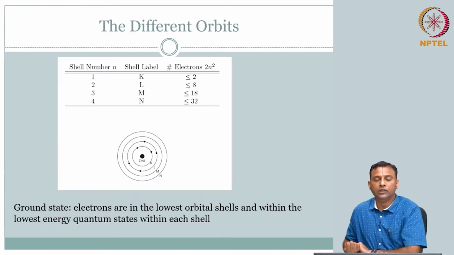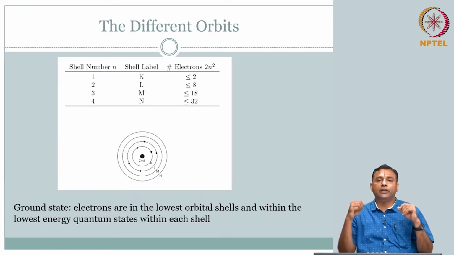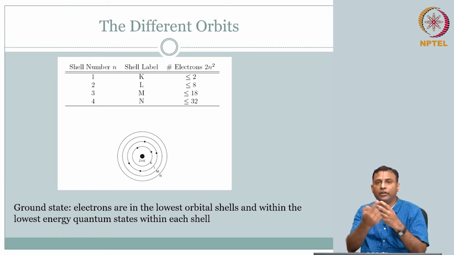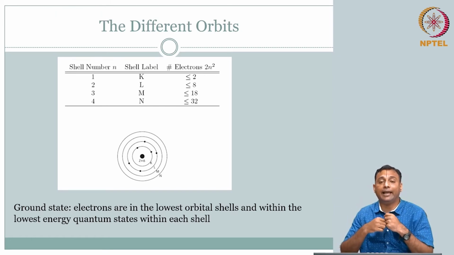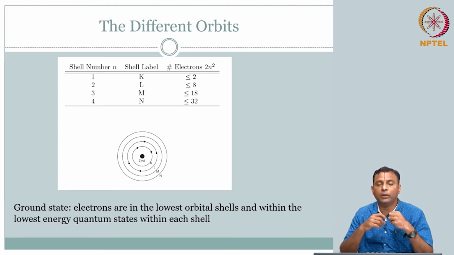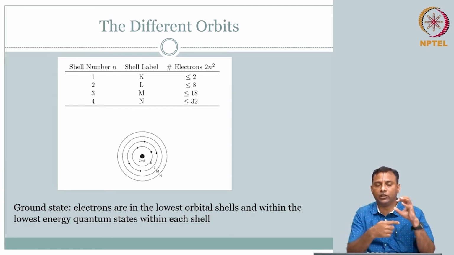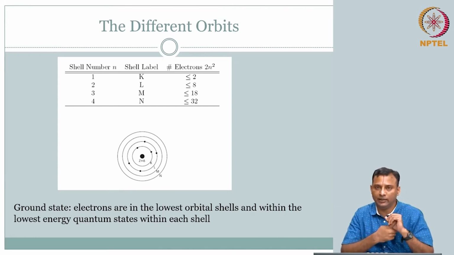Fine. So we talked about stability and instability of the nucleus, and then we talked about the organization of electrons around the nucleus. There is a structure to it. We saw the first structure diagram where the electrons were spinning around in orbits, shown in a 3D sketch.